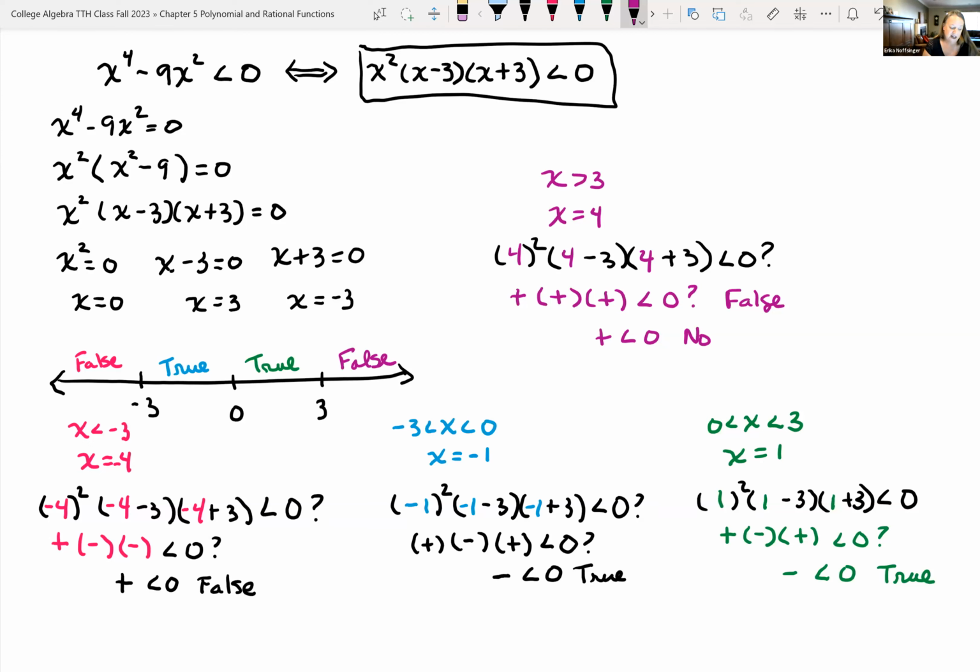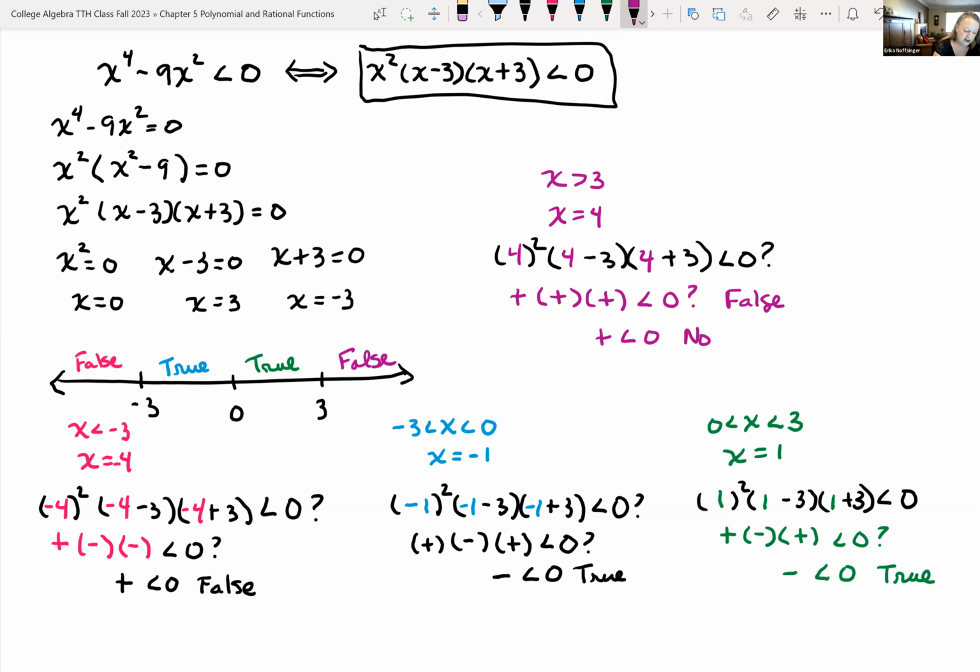So notice -3, +3, and 0 were x-intercepts. Notice that our x-intercept of x equals 0 had a multiplicity of 2. So we talked about what's happening on the graph at our x-intercepts if our multiplicity was even, which 2 is. It was just touching the x-axis and turning back around.